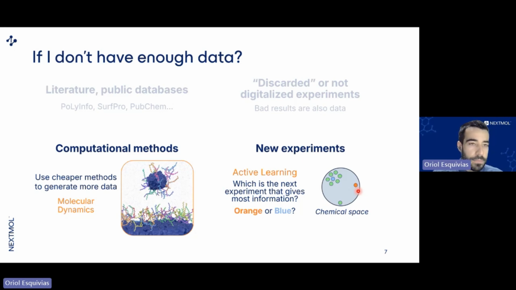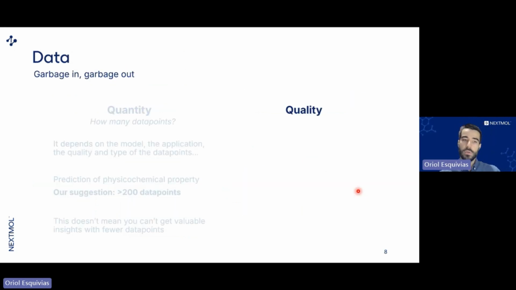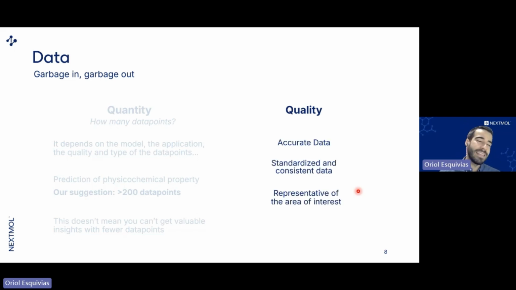Okay, so now we have quantity, but how can I check if I have quality data? There are different ways to evaluate the quality of data. I will give you some tips to follow to obtain quality data. First is to obtain accurate data. Second, consistent data.